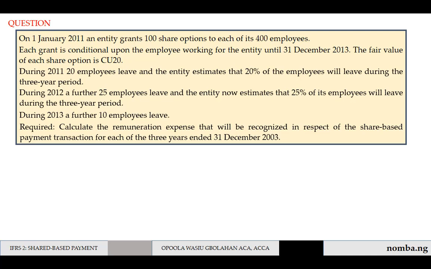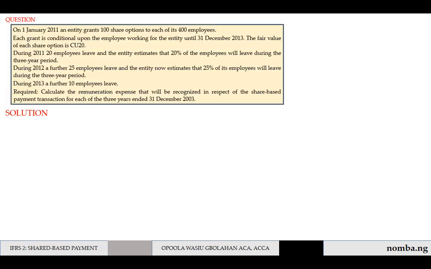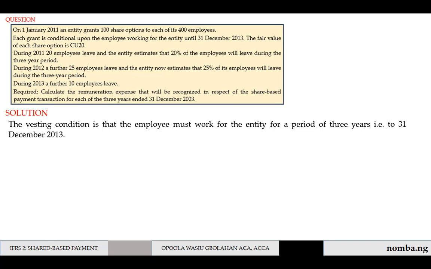Okay. Now, in this question, the first thing you should notice is that the vesting condition is that the employee must work for the entity for a period of 3 years, that is to 31st December 2013. Hence, the remuneration expense will be recognized over the 3 years.